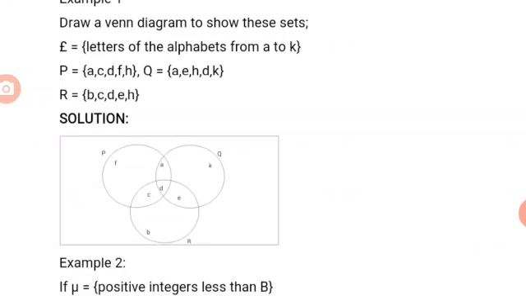So what set P and Q have in common is A and H. Likewise, set P and R: aside from D, what they have in common is C and H. Is that clear? So that is how you represent it.